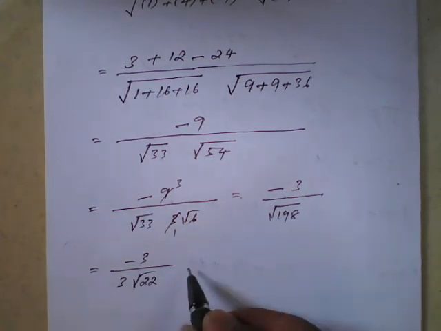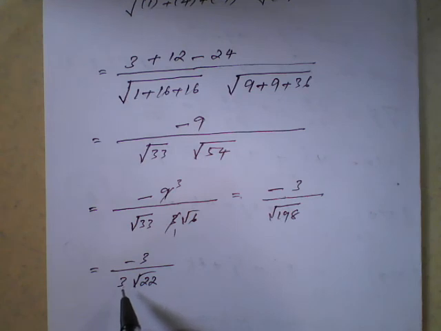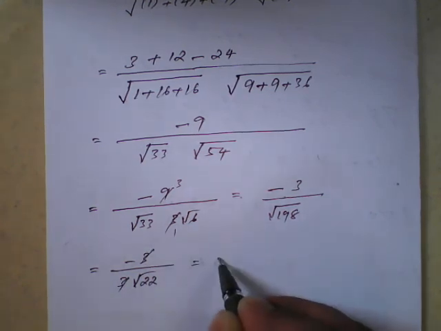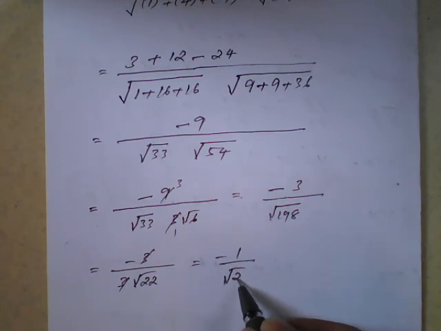If you check it, this 3 and this 3 cancel, minus 1 upon root 22.